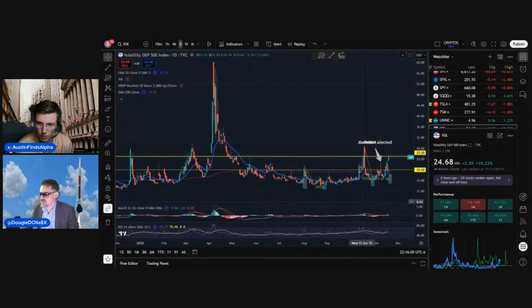Because if you look at this chart, you can just look at all of these wicks up, all of these spikes. These are all exits. These are all easy collections, right? Like how many times do you need a 25% win per year on a trade that you held for a month?